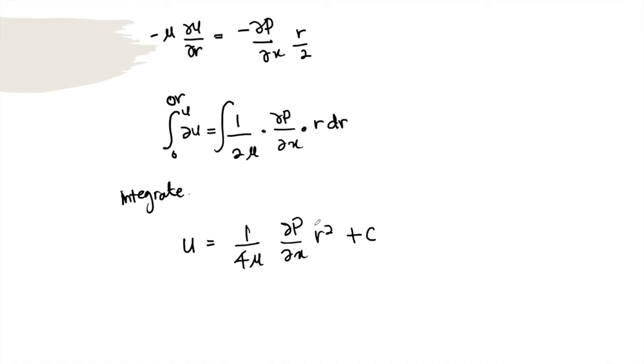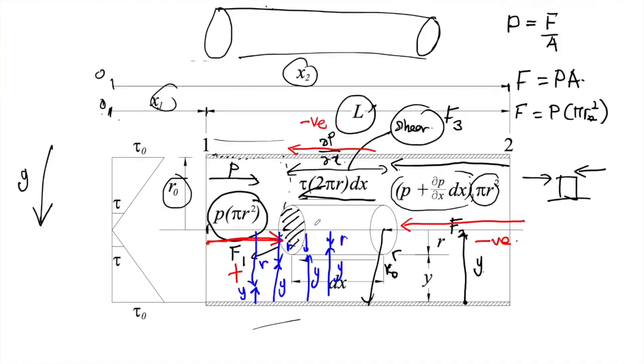So you can substitute into this equation. From this figure, on the pipe surface, we know that there is the no slip condition. No slip condition, u is equal to 0.